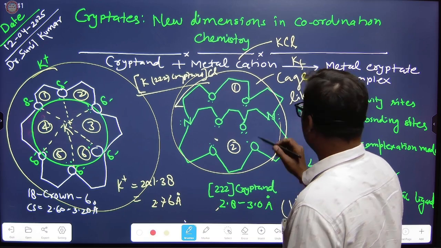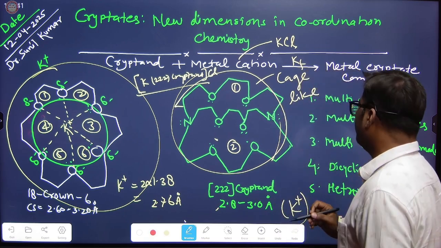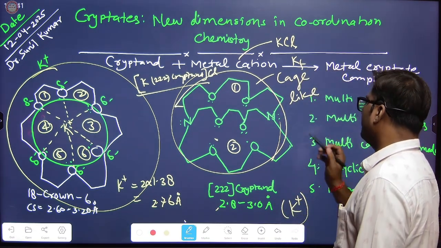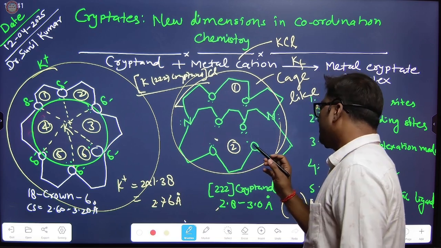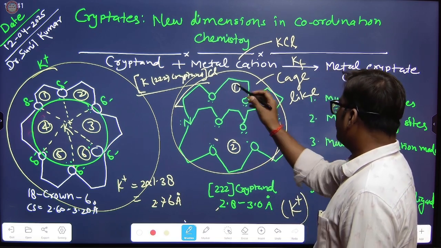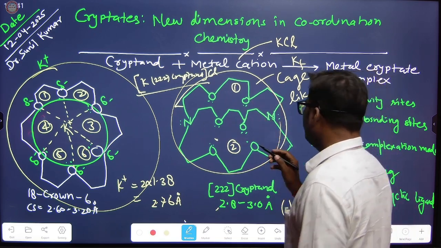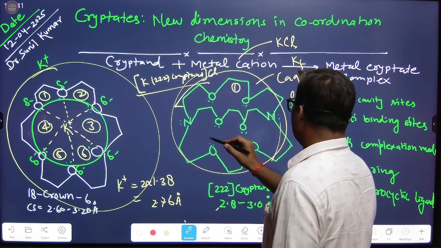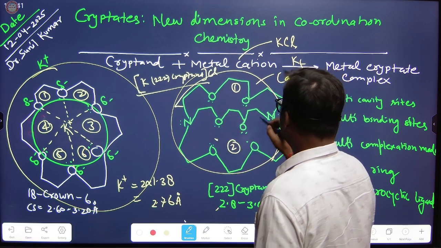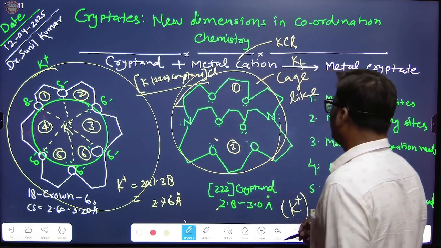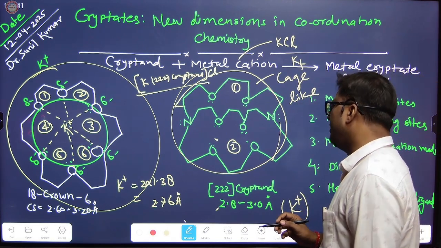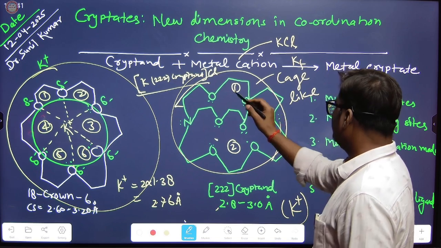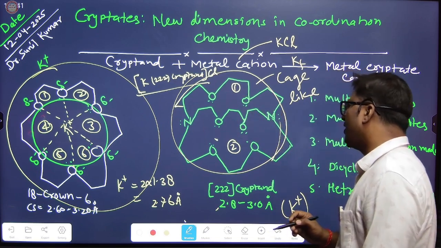So it will remain active in the outer part of the ring, while the potassium is deep inside this structure. It is strongly solvated through the hydrophilic structure of this cryptand. So potassium ions selectively bind with this cavity, and they are not free.